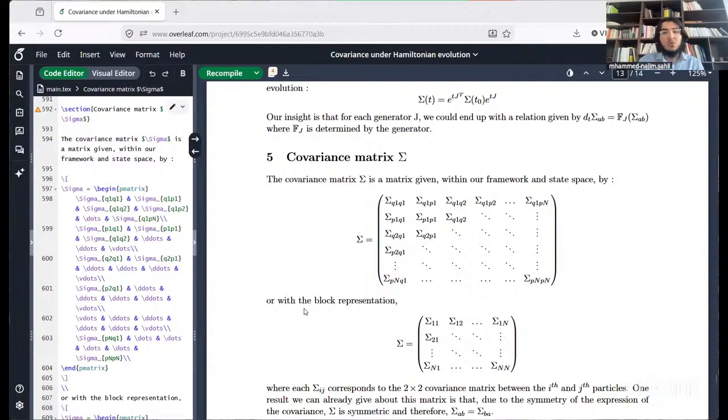We have sigma Q1 Q1, the variance between the Q1 variable and itself. And then we get the covariance between the Q1 variable and the P1 variable, etc., until we get at the bottom right the variance of the P variable of the nth degree of freedom with itself.